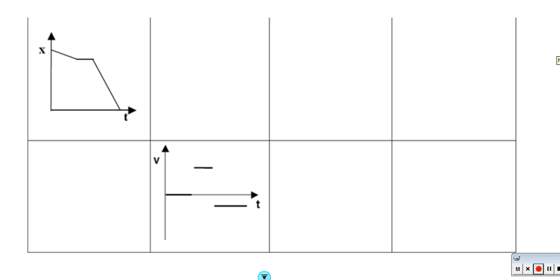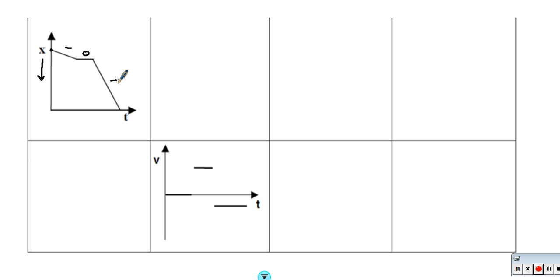Okay, moving on. The third example. So we're given a position time graph. So this object begins some positive position away from the origin. And if you look at the whole graph, the entire motion is negative. So all the velocities are either 0 or negative.